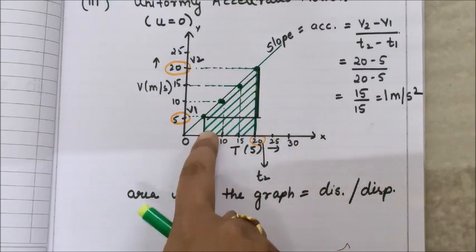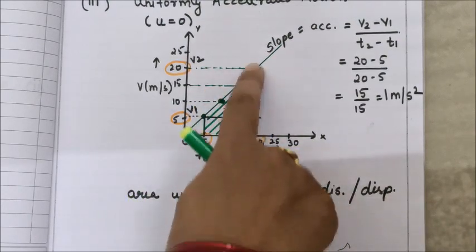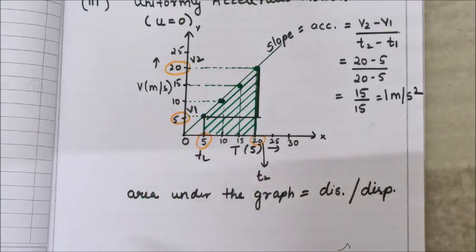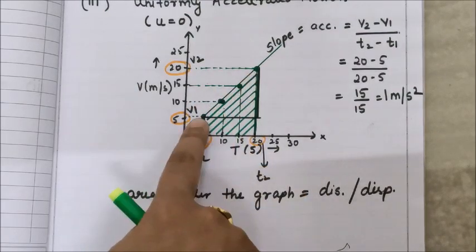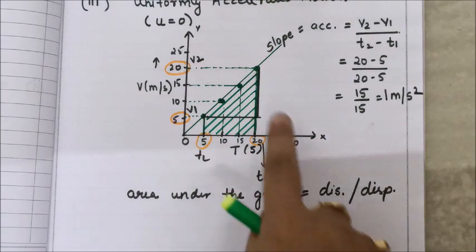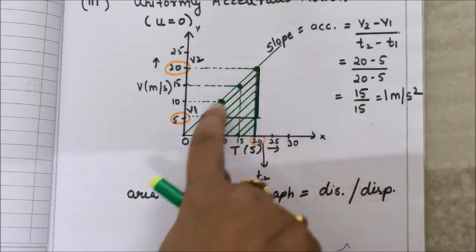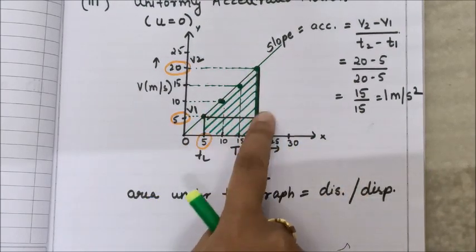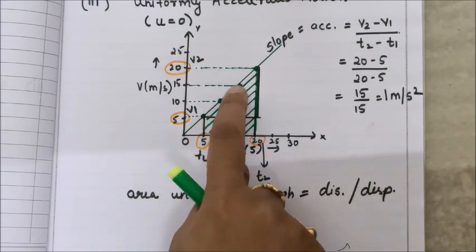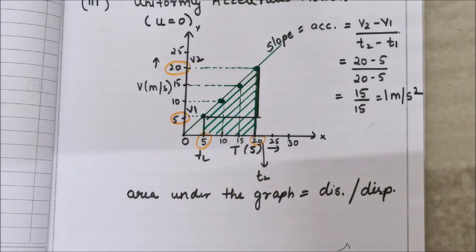Now as you can see, this is the shape of a trapezium. You can either apply a direct formula for this trapezium, or we can divide this trapezium into a triangle and a rectangle. Solving these two will also give the same answer as the area of the trapezium.